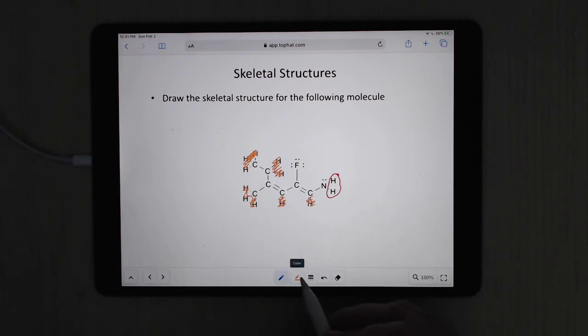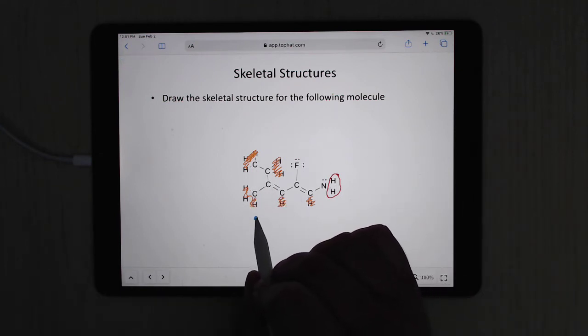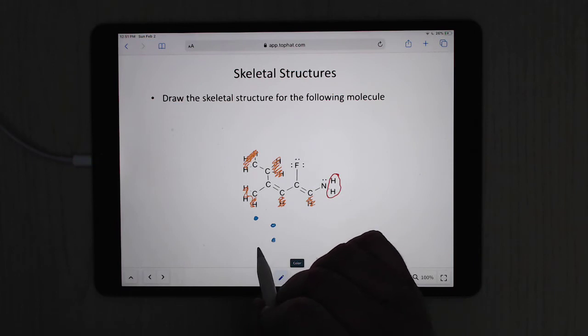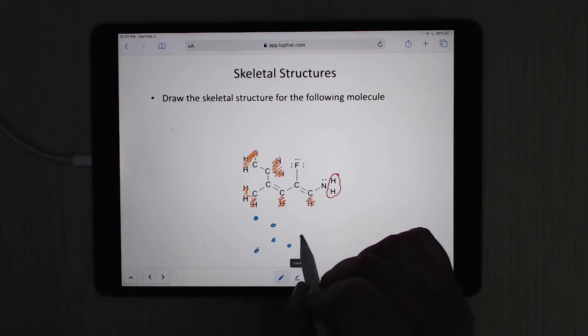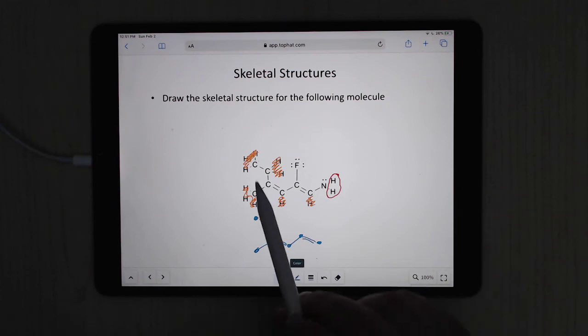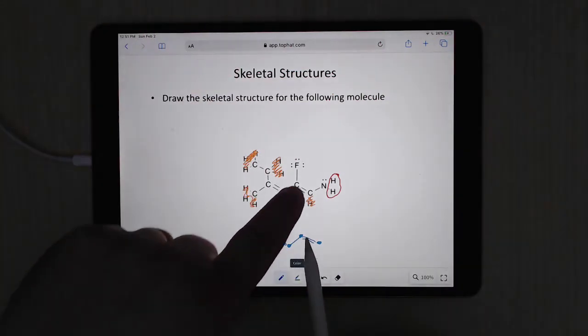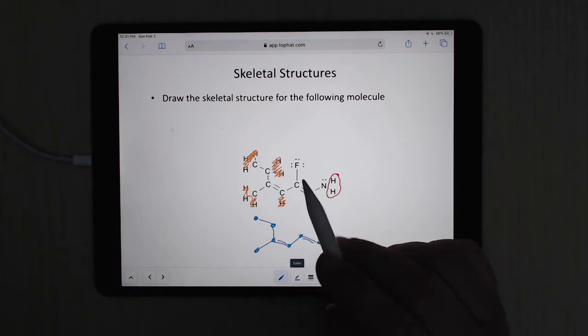And what we're going to end up doing is redrawing the carbons as dots. So dot, dot, dot, dot, dot, dot. There's a bond there, bond there, bond there, double bond there, single, double. So carbon, carbon, carbon, carbon, carbon, carbon, carbon. Now the fluorine we have to show.